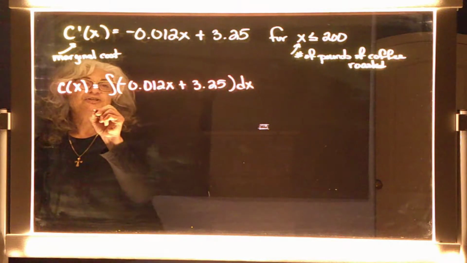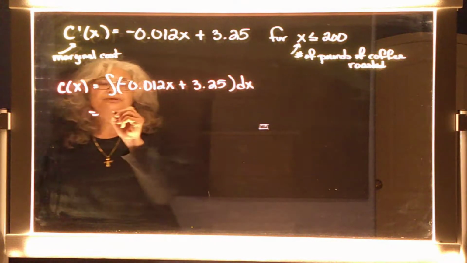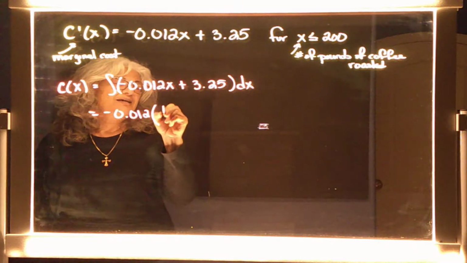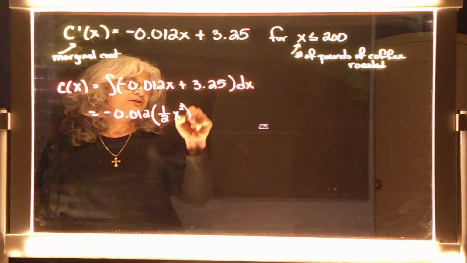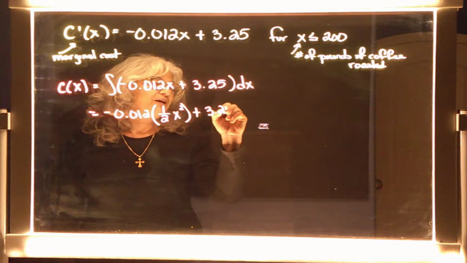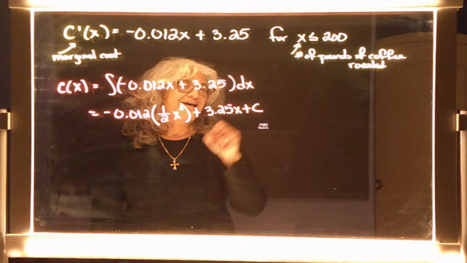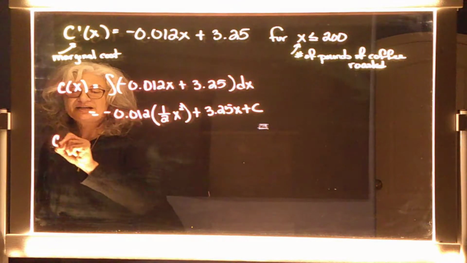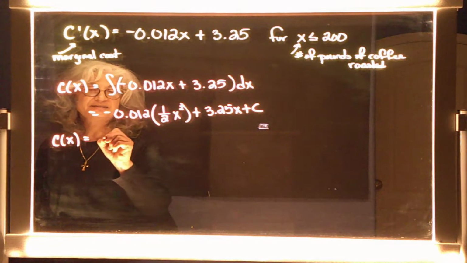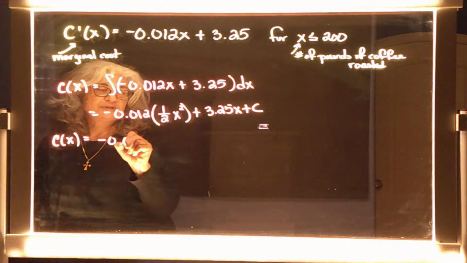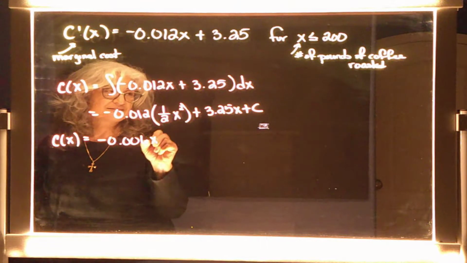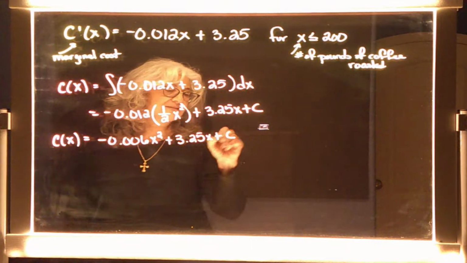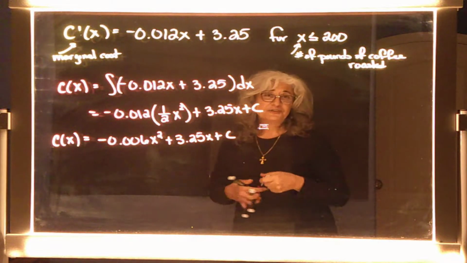When I start taking the antiderivative, I get negative 0.012 times 1/2 x squared plus 3.25x plus that c. Simplifying it, I get the cost function as negative 0.006x squared plus 3.25x plus c. Are we good so far?